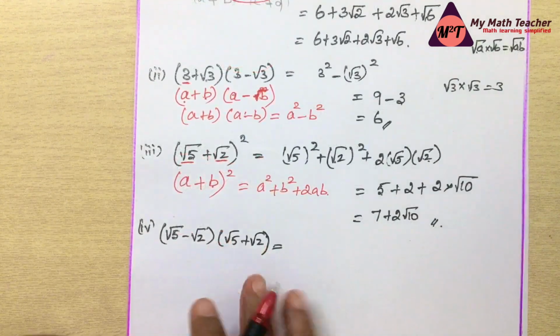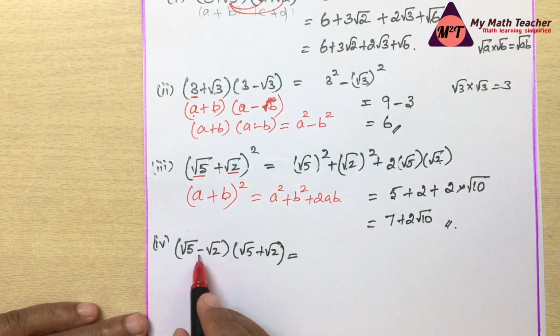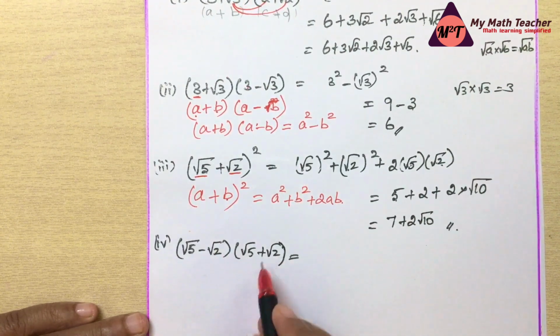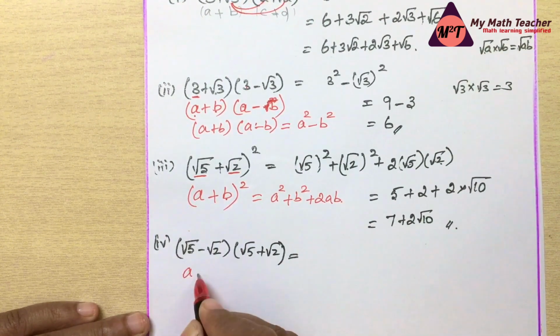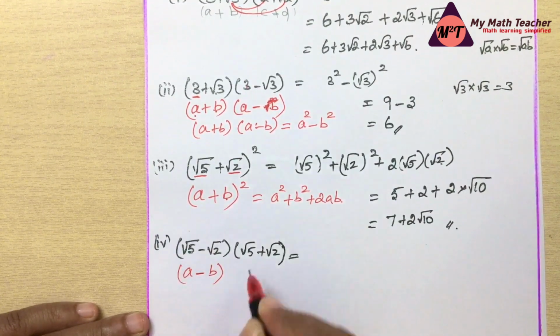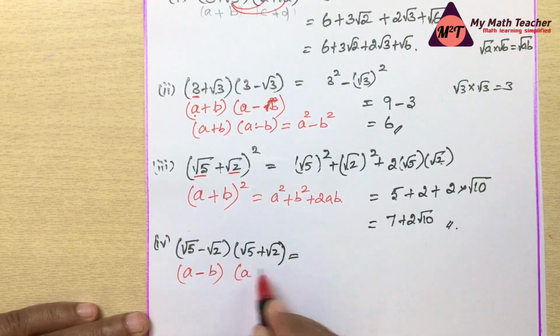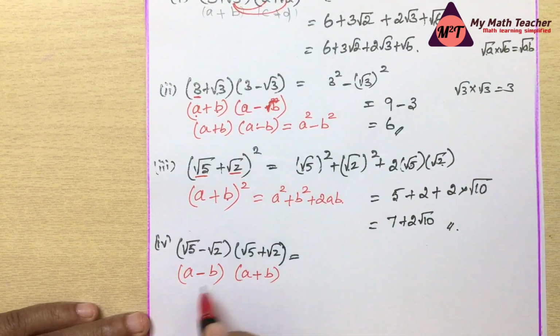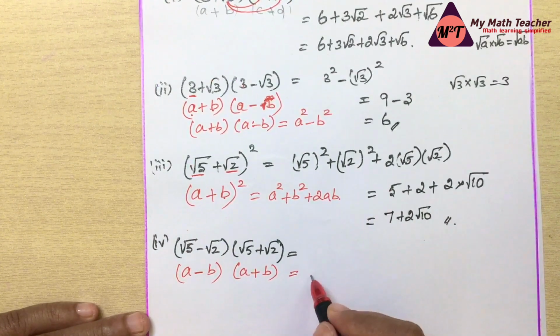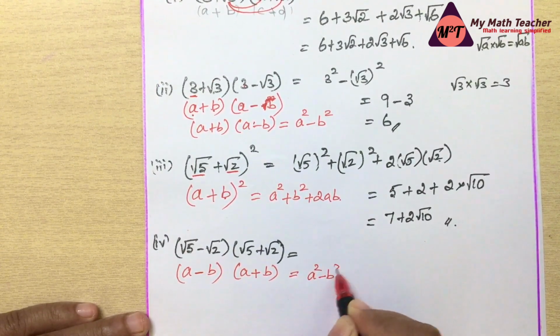The last subdivision is (√5 − √2)(√5 + √2). It is very clear, (a − b) into the same (a + b). (a − b)(a + b) is a² − b².